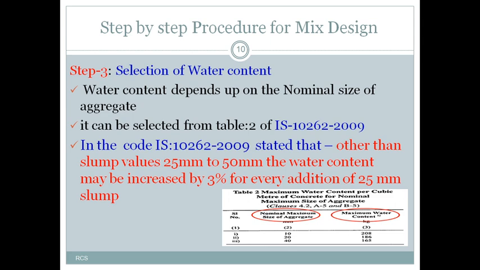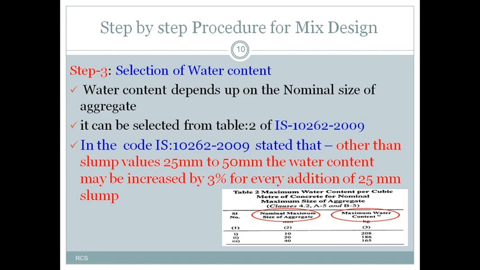So, if the slump value varies between 25 to 50 mm, then only these codal values are applicable. Say for a nominal size of aggregate of 10 mm, the maximum amount of water content you can use is 208 liters.